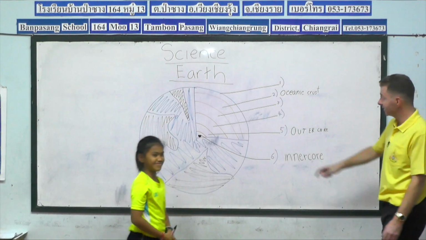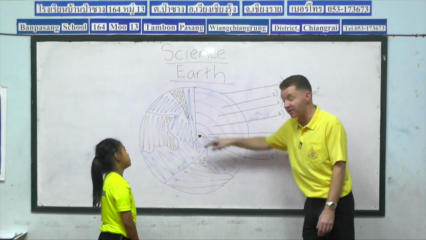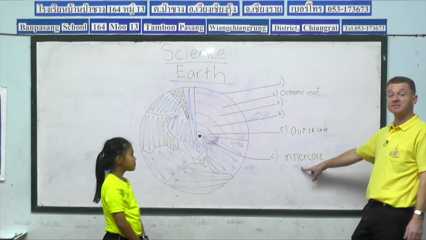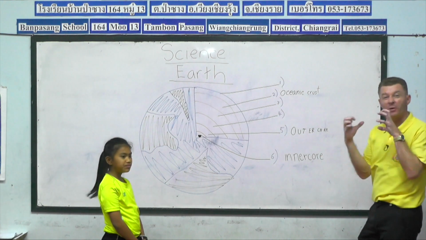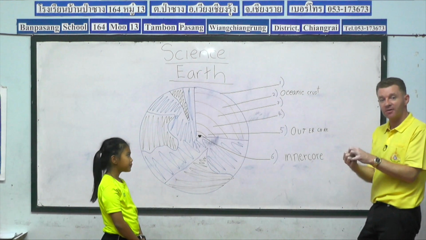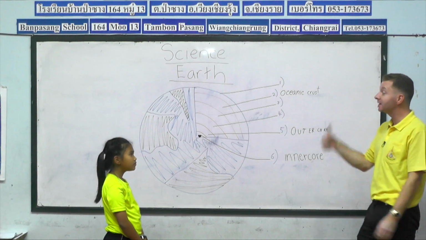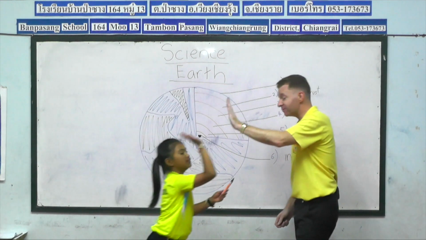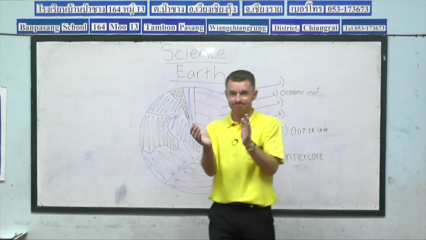You can see number 5 was the outer core here. But if we go even further, we have number 6, inner core, which is the very center of the Earth, where it's as hot as the sun. Pak Bung, that was brilliant. High five and a big round of applause for Pak Bung, please, guys.